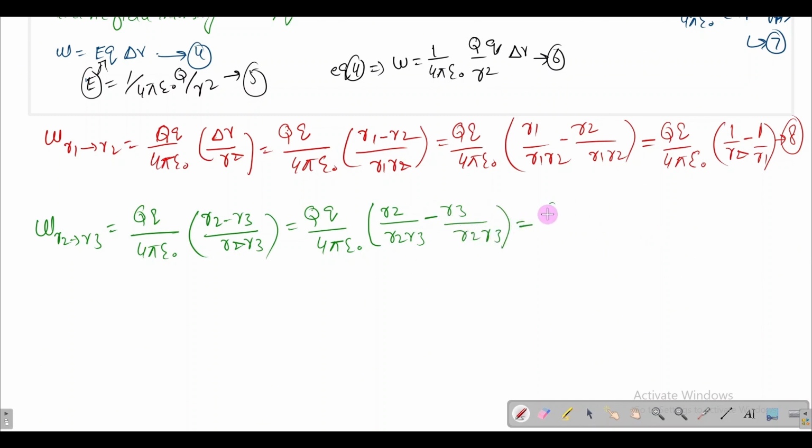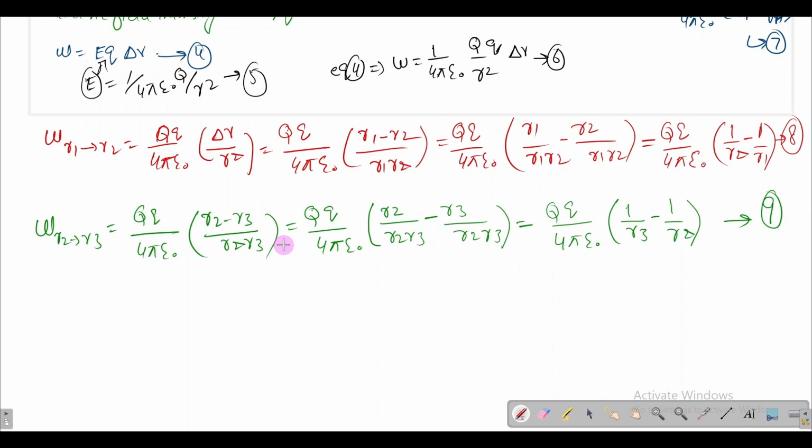So it becomes Q by 4 pi epsilon naught, and this R2 is cancelled with this R2, it becomes 1 over R3, minus, this R3 will cancel, it becomes 1 over R2, and this is equation 9.